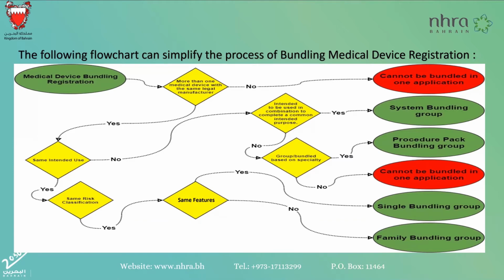If they are actually intended to be used to complete a common intended purpose, then you can see that they can take the system bundling group method to include more than one medical device in a single medical device registration application.